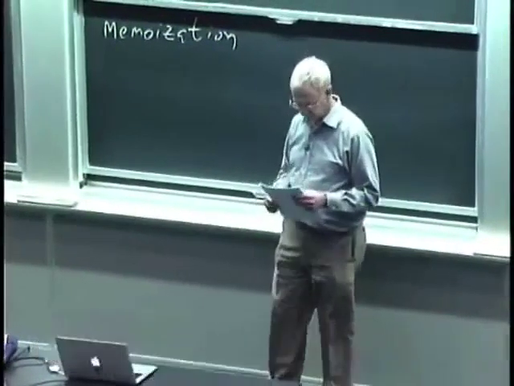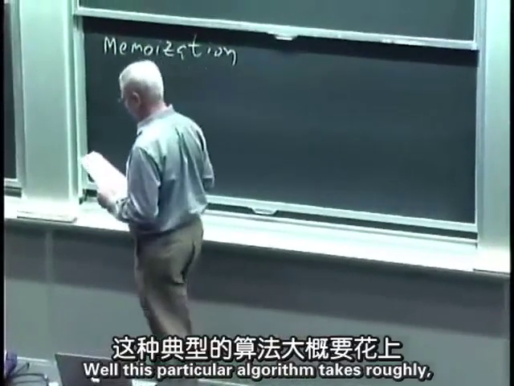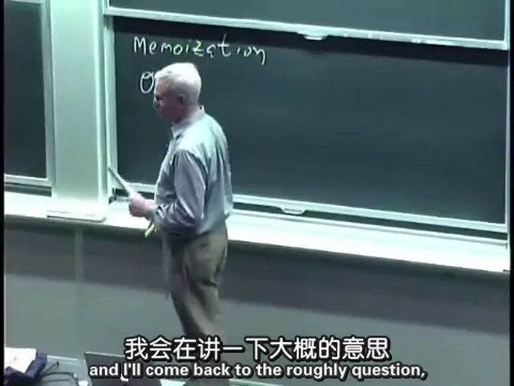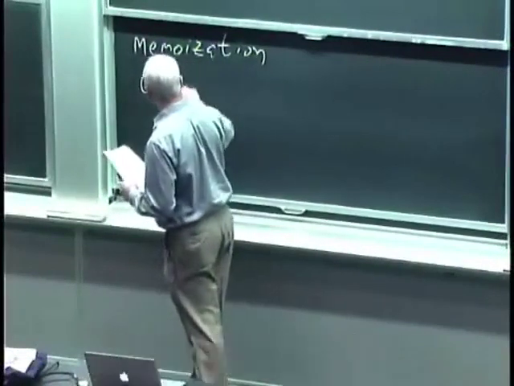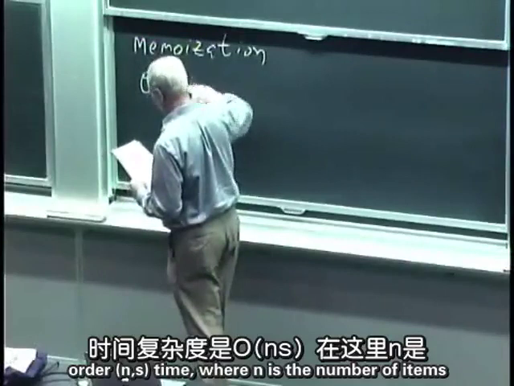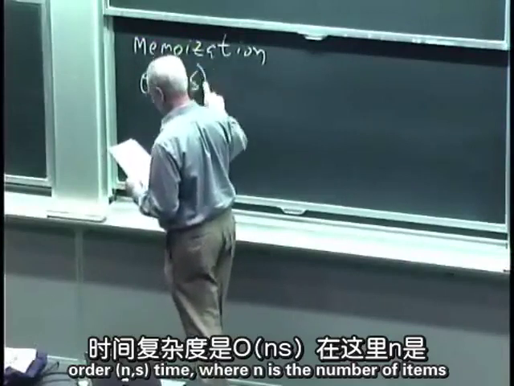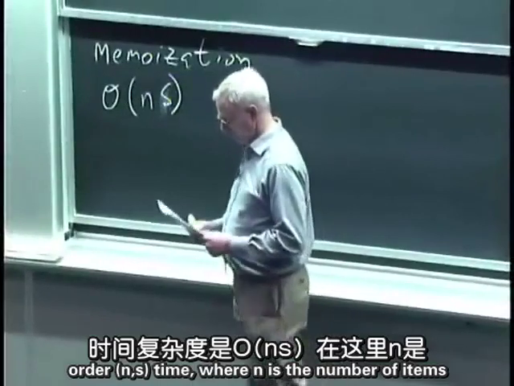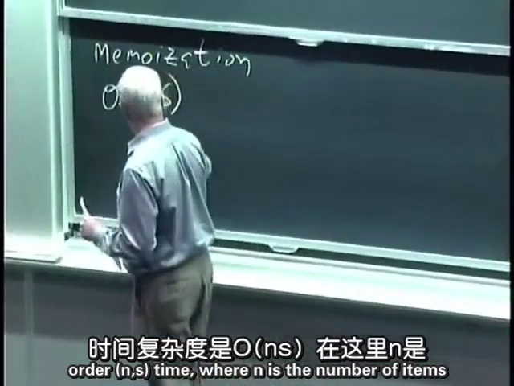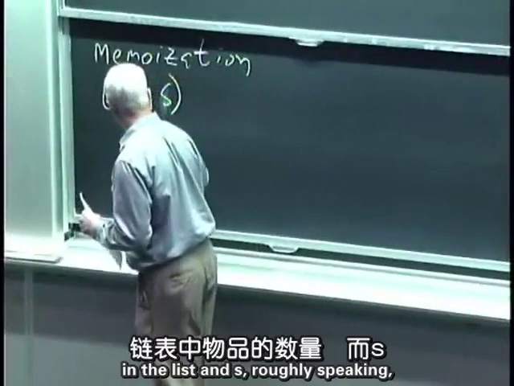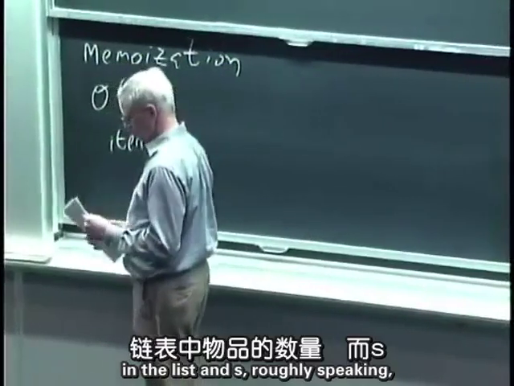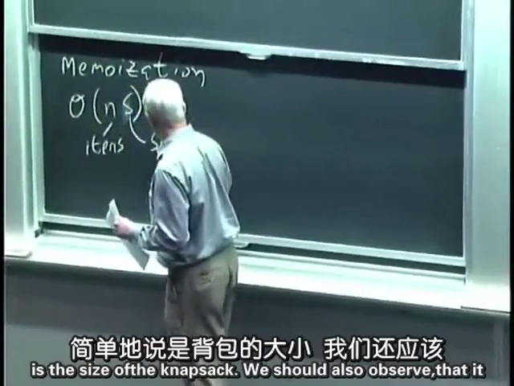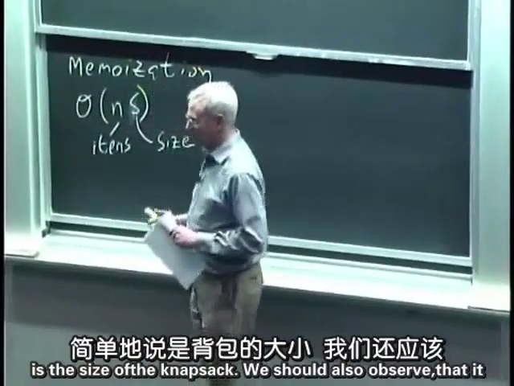What's going on? Well, this particular algorithm takes roughly, and I'll come back to the roughly question, order ns time, where n is the number of items in the list, and s, roughly speaking, is the size of the knapsack.